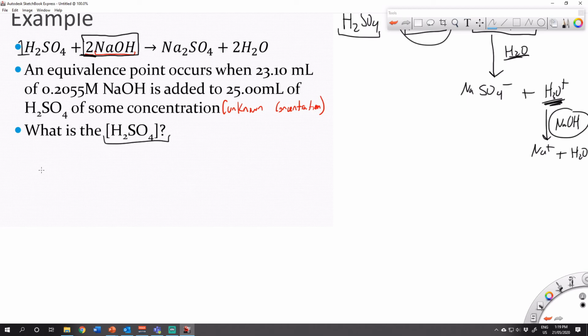concentration? Well, first thing we're going to do is calculate the moles of sodium hydroxide. And that we can quite simply do because we have the volume and we have the concentration, so we can just multiply those together. I'm going to leave my milliliters in milliliters. You don't have to. You can convert it to liters if you want to.